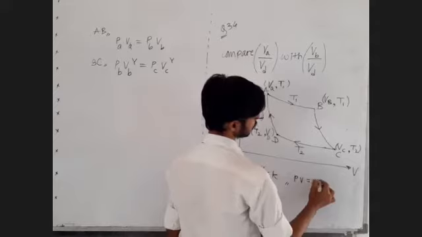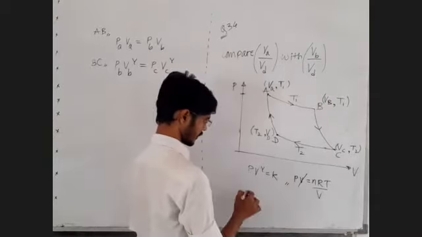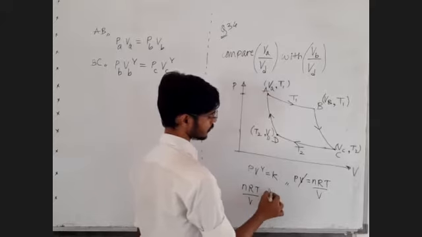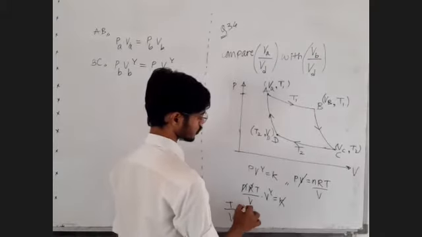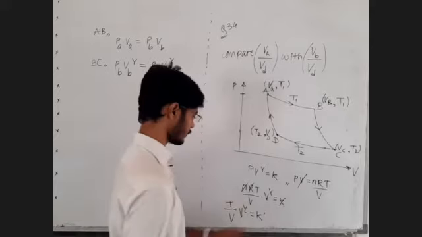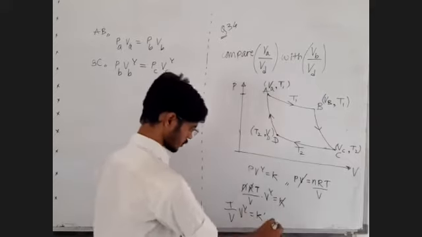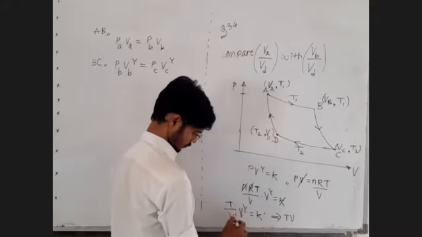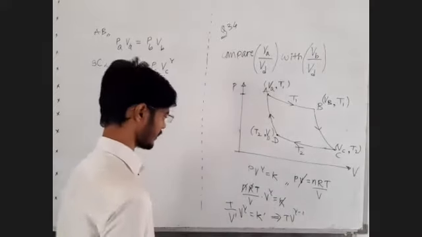We know PV is equal to nRT, so pressure can be replaced by nRT upon V. So nRT upon V into V raised to gamma is equal to constant. nR is constant, so T upon V into V raised to gamma is some new constant. So that becomes T into V raised to gamma upon V raised to 1, and V raised to gamma upon V raised to 1 is V raised to gamma minus 1. So TV raised to gamma minus 1 is constant.